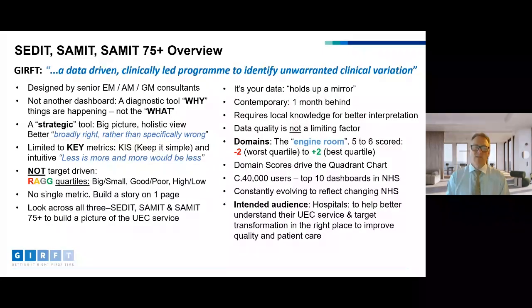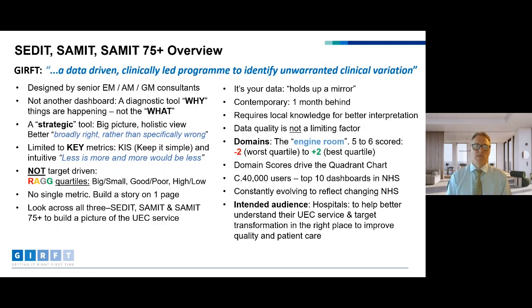The other key philosophy behind the SAMIT 75, or indeed any of the tools, is that no single metric will actually tell you what's going on. It's about building up a story from a number of metrics, either within a particular tool, for example, SAMIT 75, or indeed correlating a number of metrics between all three tools.